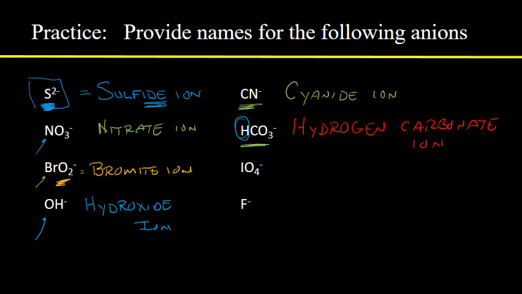Okay, next one, IO4-. That's not one that we memorized, but we did memorize IO3-, which is the iodate ion. And so this one has 1 extra oxygen.